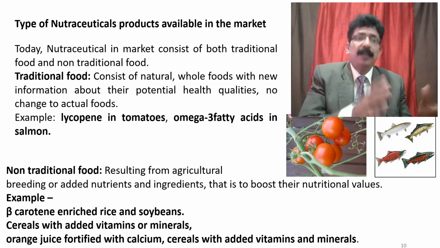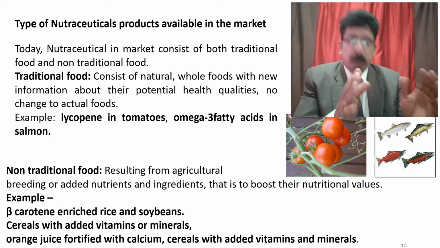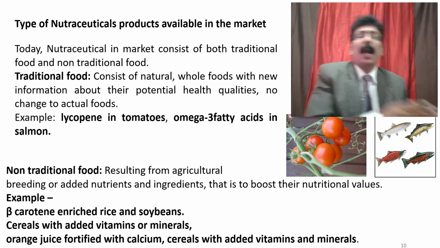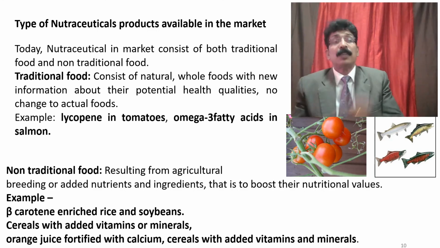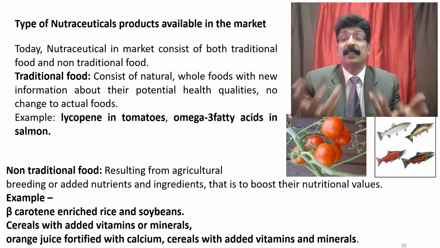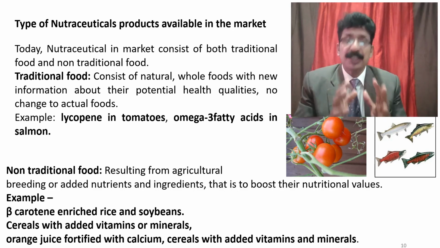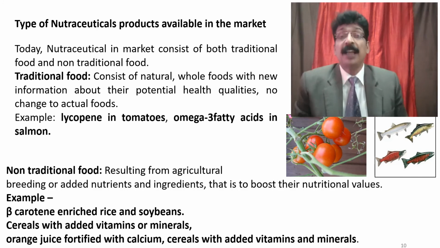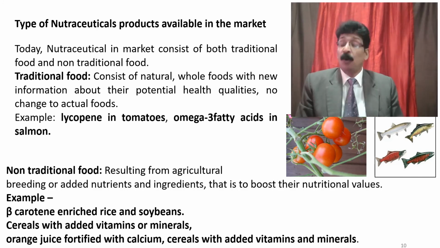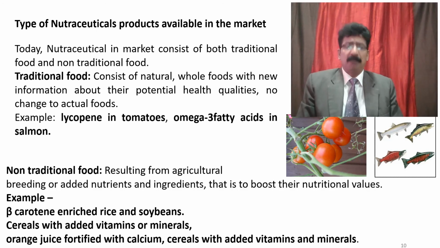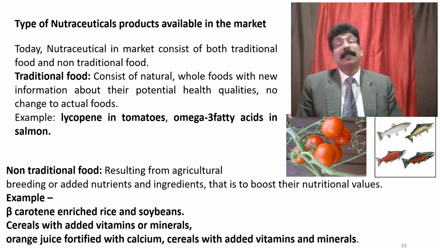Traditional food consists of natural whole food with new information about its potential health qualities, with no change to the actual foods. For example, lycopene in tomatoes, omega-3 fatty acids in salmon fish.